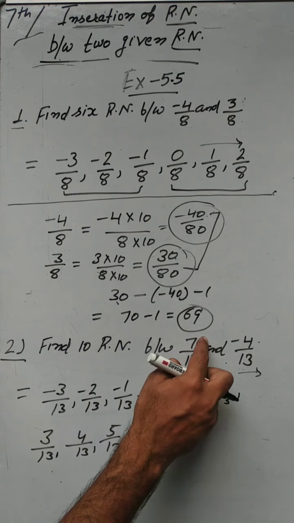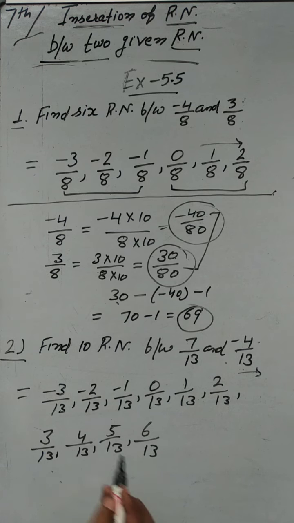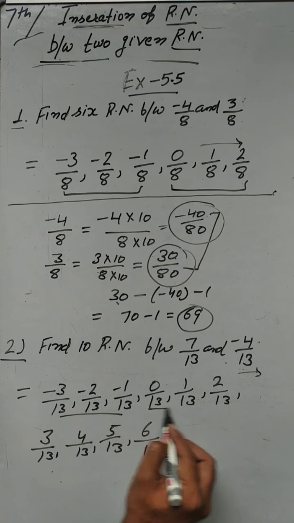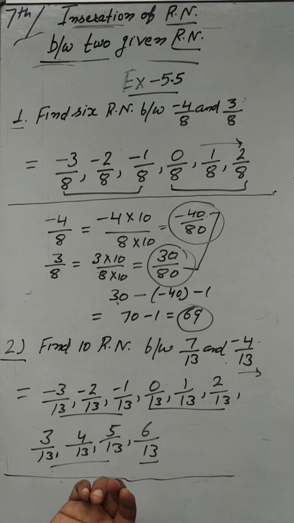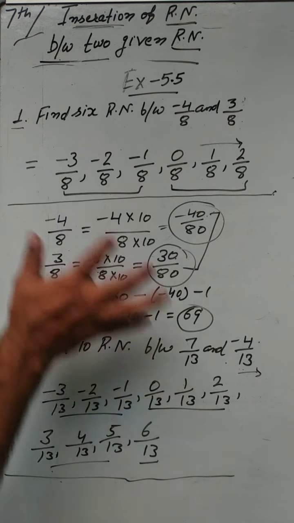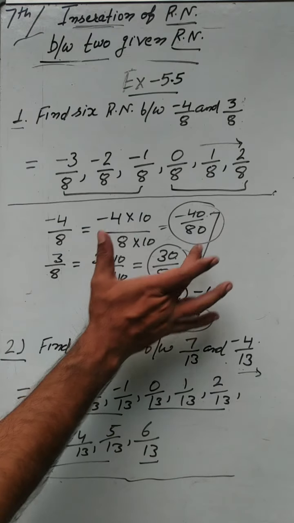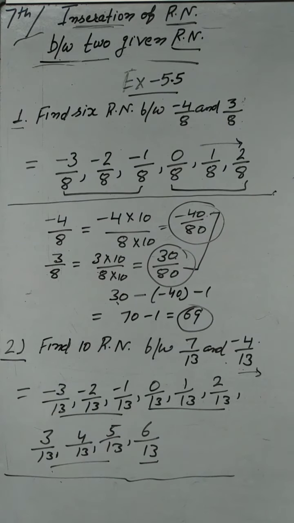And next we will reach our target, 7 upon 13. Now these are the 10 rational numbers. Easily you can find them, very easy questions. Understood beta? But if they ask to find more rational numbers, then you have to change the denominator. You can multiply by 10 and proceed as here.